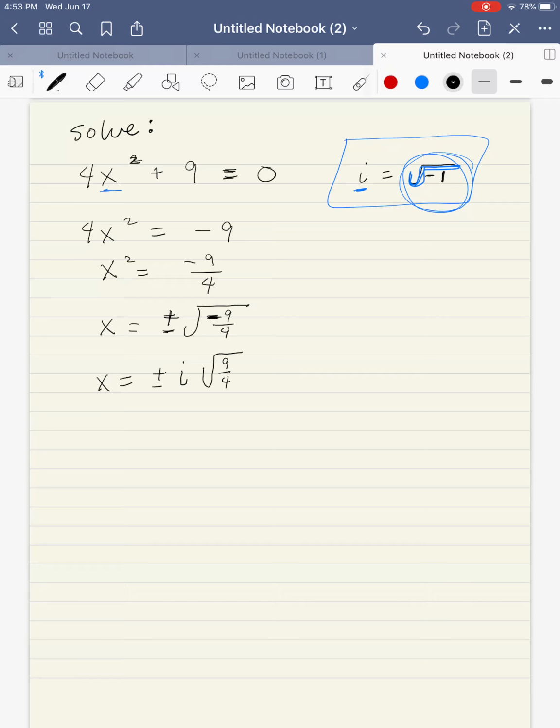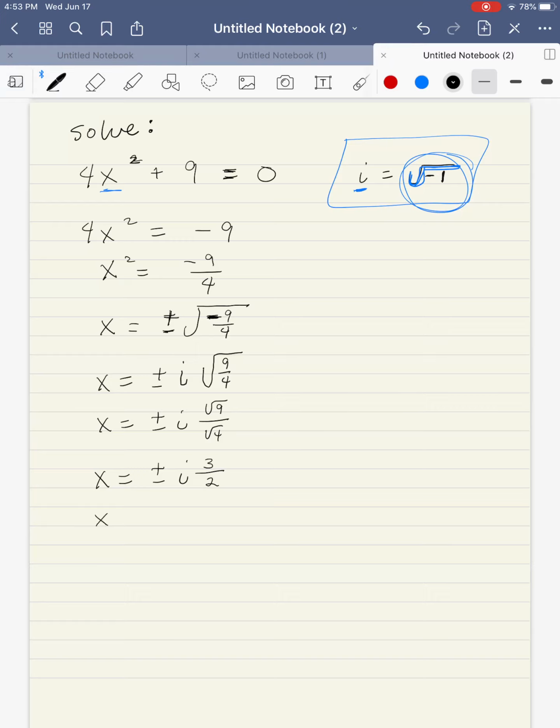square root of 9/4. And remember, when you take the square root of a fraction, you can take the square root of the numerator and the square root of the denominator. So the plus or minus i comes on down. Square root of 9 is 3. Square root of 4 is 2.